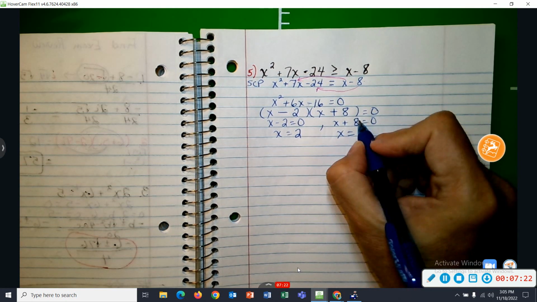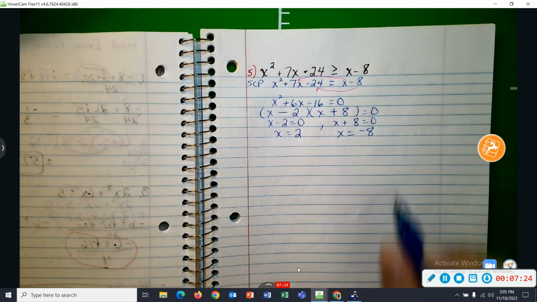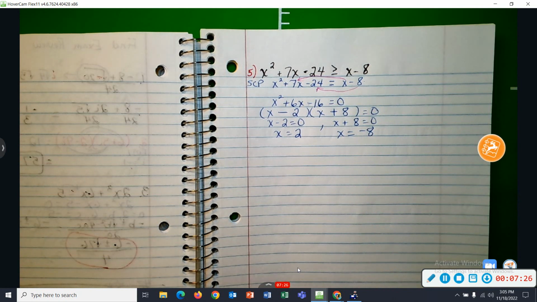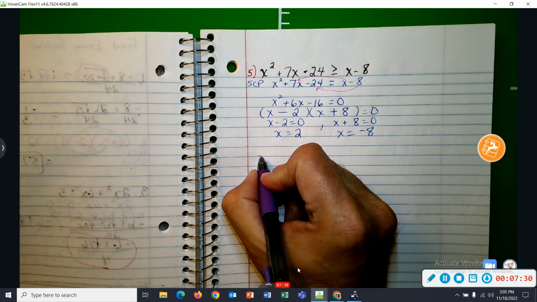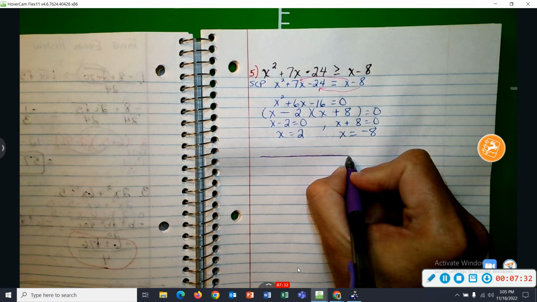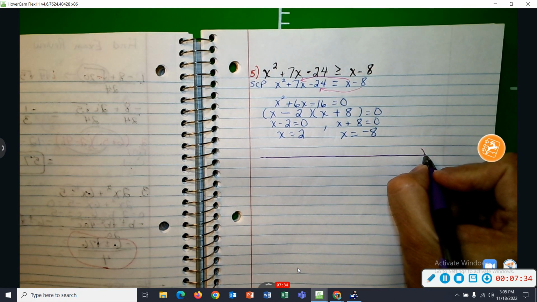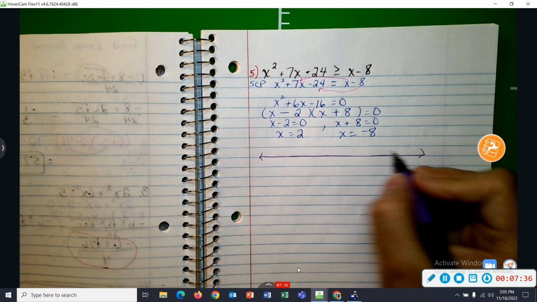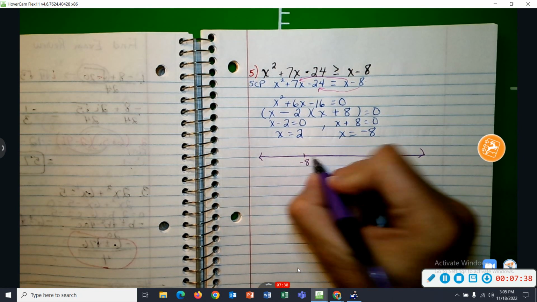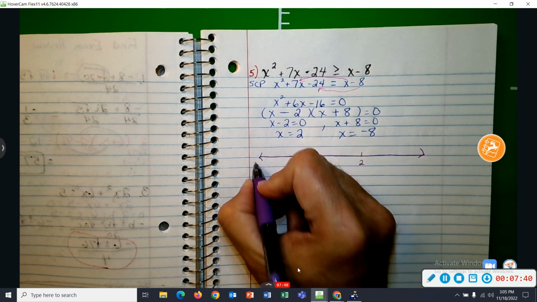And over here, moving that 8, negative 8. There's no denominator cut points because there's no fractions. So I'm going to locate negative 8 and 2 on my number line.